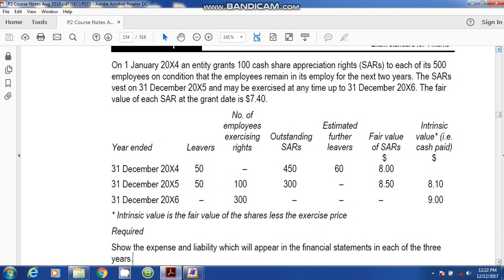We are required to show the expense and liability which will appear in the financial statements in each of the 3 years.